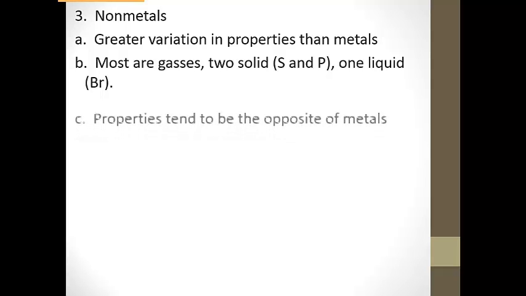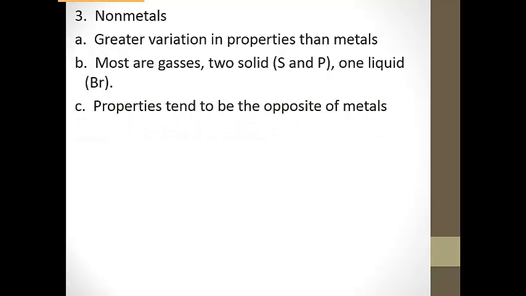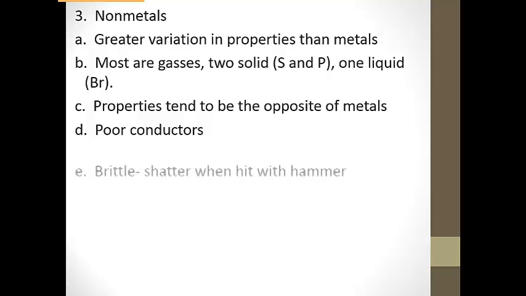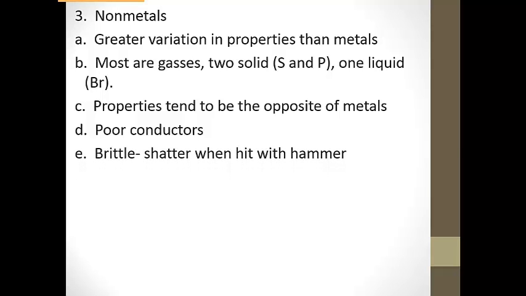Most everything is gas at room temperature, and they're really the opposite of metals as far as our properties. Where metals are good conductors, nonmetals are poor conductors. You don't want to use those for heat or electricity, and they're very brittle, so the opposite of malleable. Instead of bendable, they would shatter very easily.